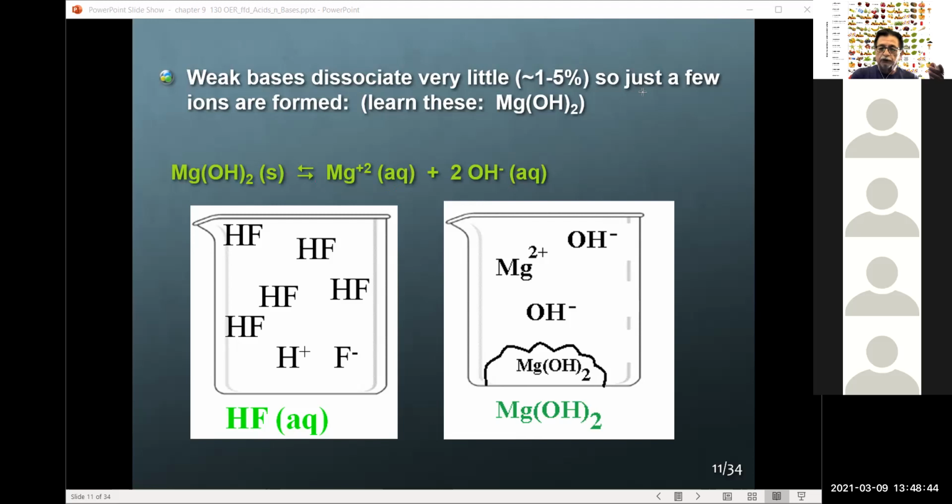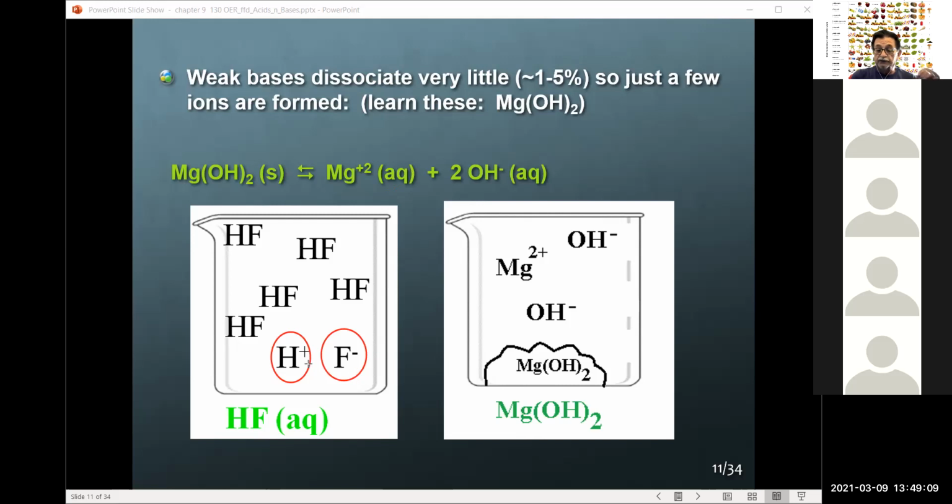And so we need to draw that in a diagram. You can draw as many as you want. On average, it'll take 4 or 5 pairs of molecules. But because it's weak, we would find maybe 1 set of ions in solution.